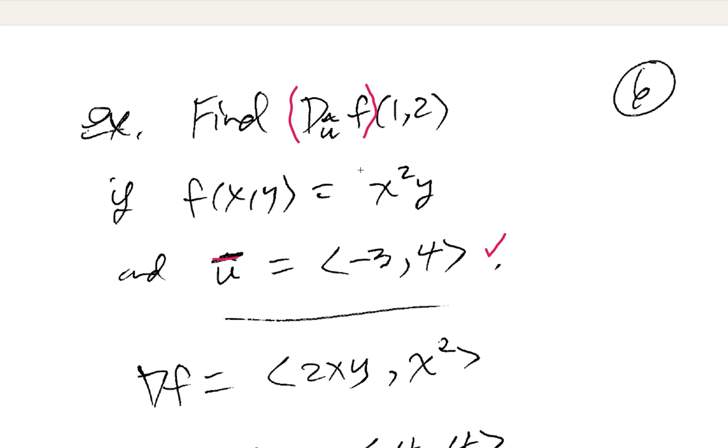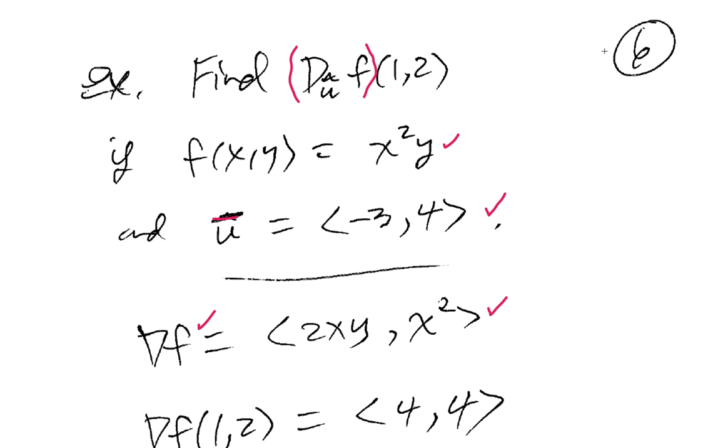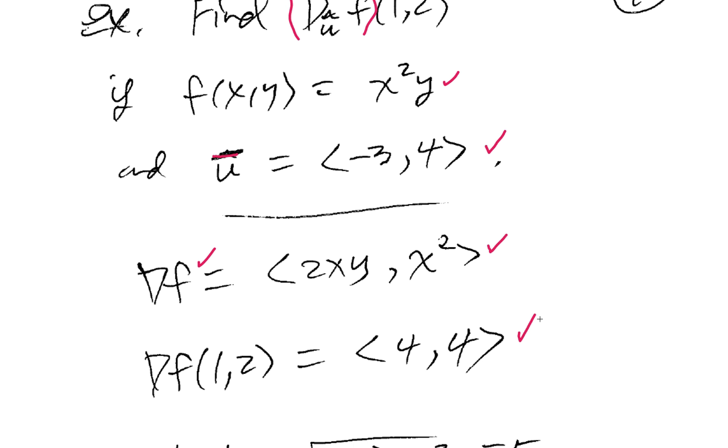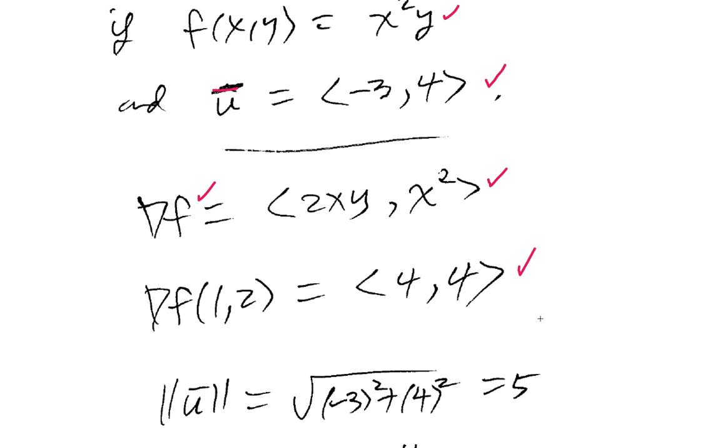But this is going to be very easy. You just compute the gradient of f. Easy. That would be <2xy, x squared>. And then the next thing you'd probably do is evaluate that at (1, 2). Just stick in the numbers 1, 2, and we get <4, 4>.